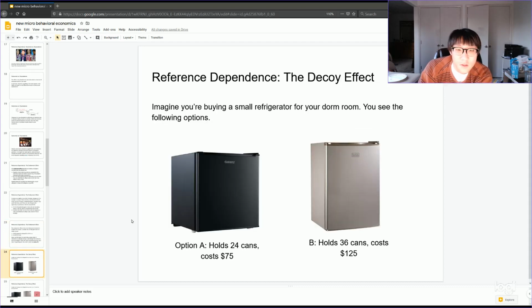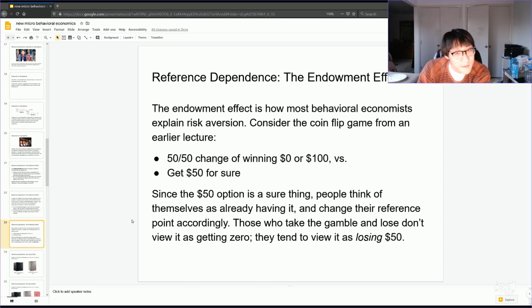Now, this endowment effect is actually how most behavioral economists explain risk aversion. Consider the coin flip example that I gave you in an earlier lecture, when we were talking about expected value.